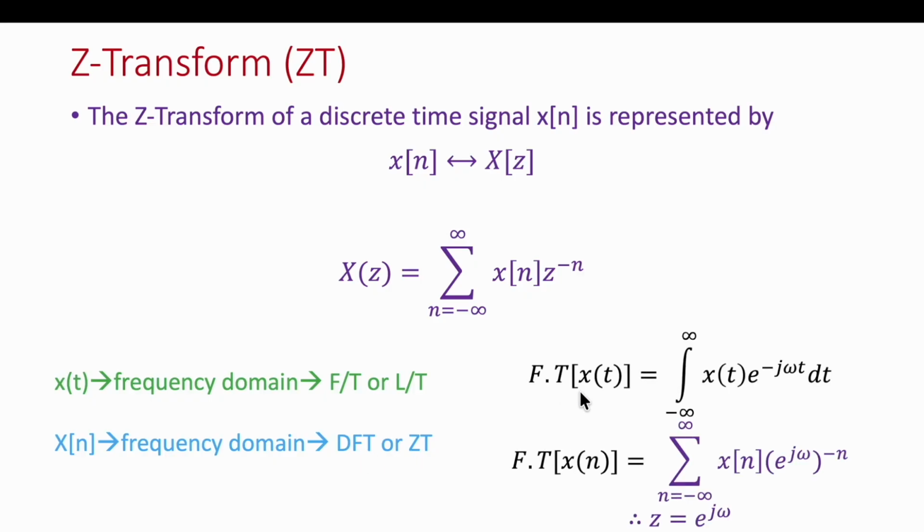For the Fourier transform, we know the formula: the Fourier transform of x is equal to the integral from minus infinity to infinity of x of t e raised to power minus j omega t dt.